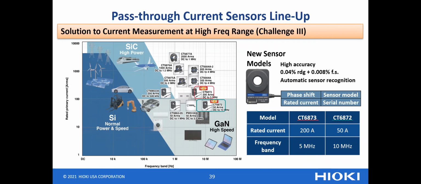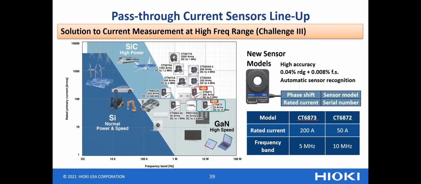I would like to point out the CT68, 73, and 72. These are designed for high-speed applications such as GaN inverters. The frequency band of them is 5 megahertz and 10 megahertz. These new current sensors are automatically recognized by the meter.